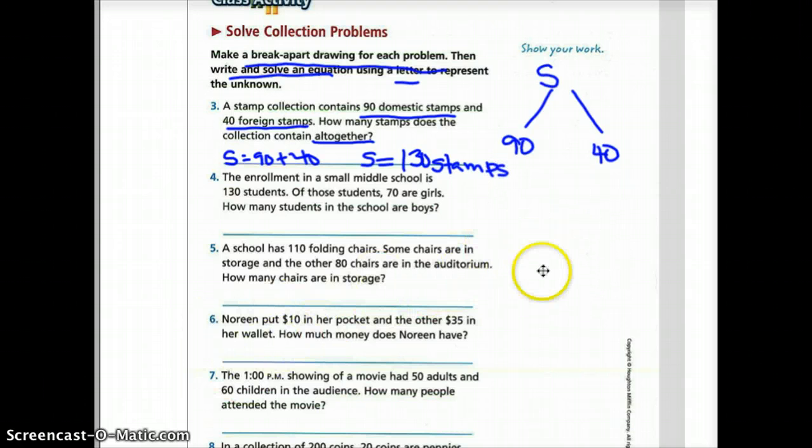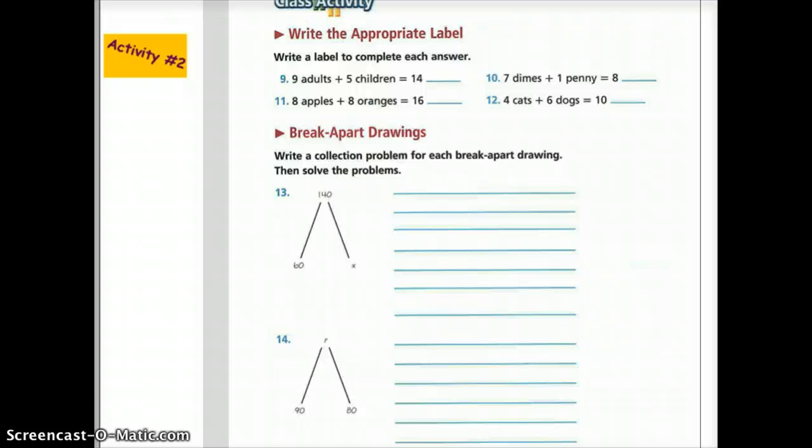Okay, you are to complete 4 through 8. When you're finished, raise your hand, get a star. Then you're moving on to the back side. We need to write a label to complete each answer. So 9 adults plus 5 children would equal 14 what?